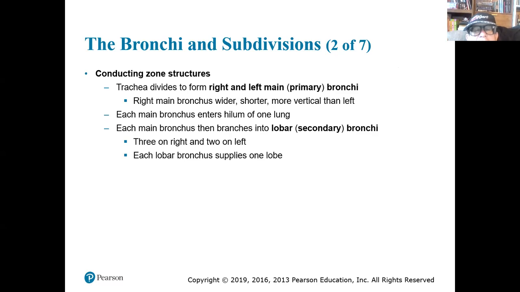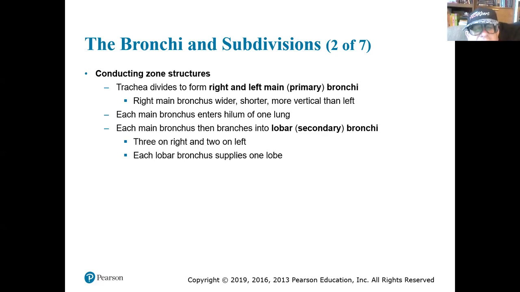Why is it wider? Wider because you've got three lobes. You've got to pass more air through there. But with it being more vertical, that's bad because if food does fall down the pipe, it's more likely to get stuck on the right side than the left because of the verticalness being steeper.